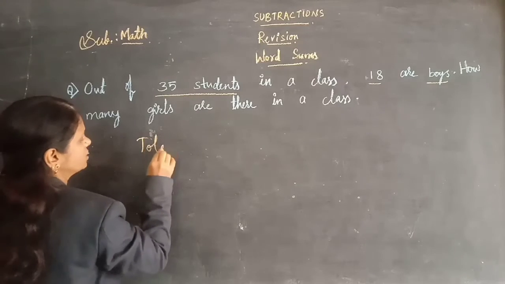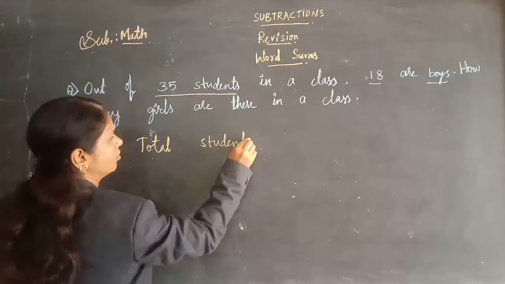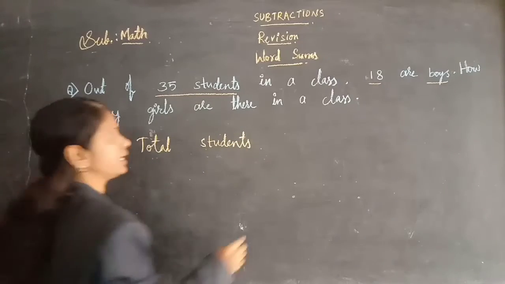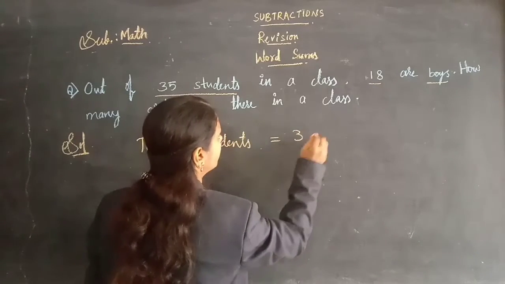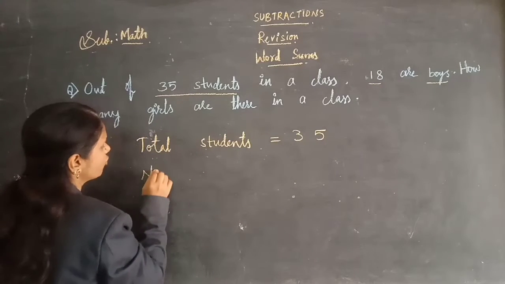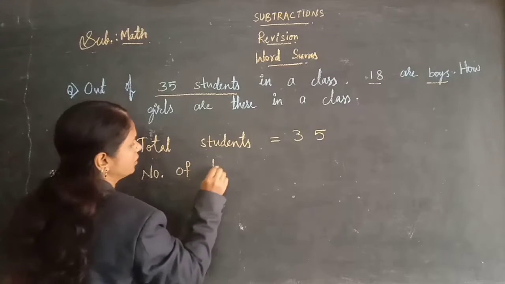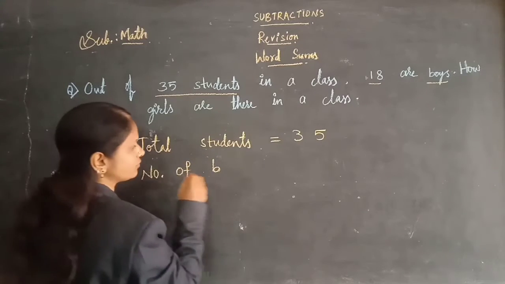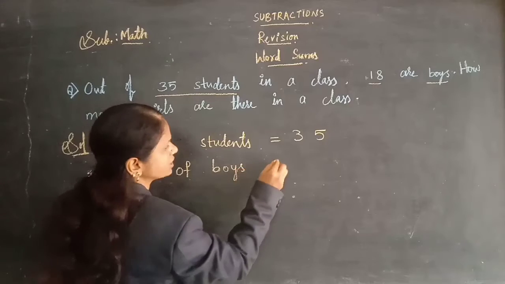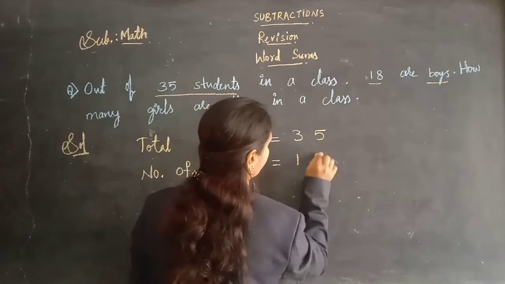Total students. How many students in the class here? 35. Now, number of boys, how many boys are there in the class here? 18.